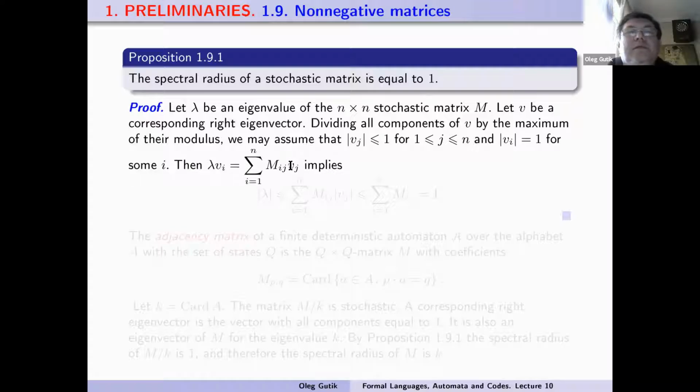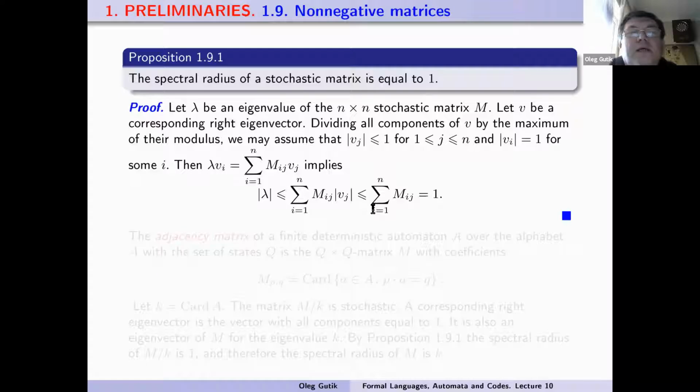Then lambda V_i is a sum of such products over j from 1 to n, which implies that the modulus of lambda is less or equal to such a sum, which is less or equal to the sum of the row elements, which is equal to 1. This completes the proof of the proposition.